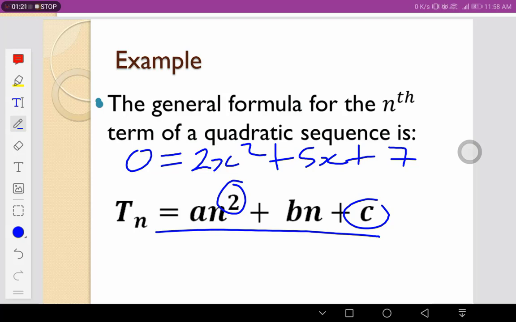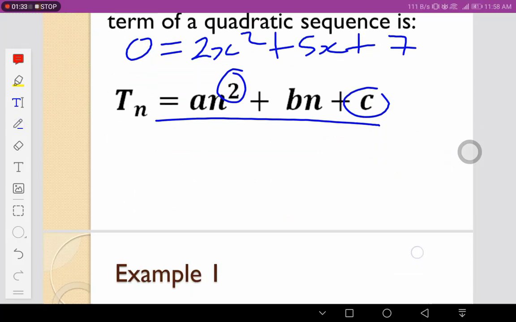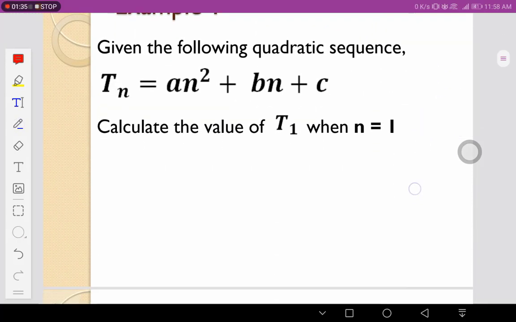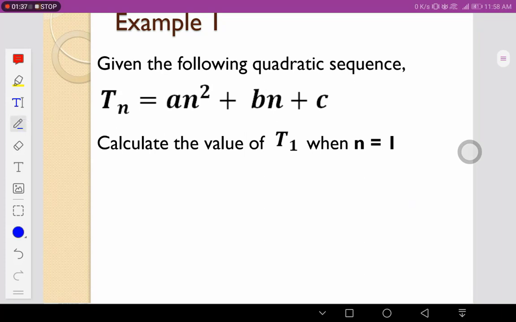we can now say we want to find the value of t1. Let's find the value of t1 using this general formula. For t1 we are going to substitute every n with 1.